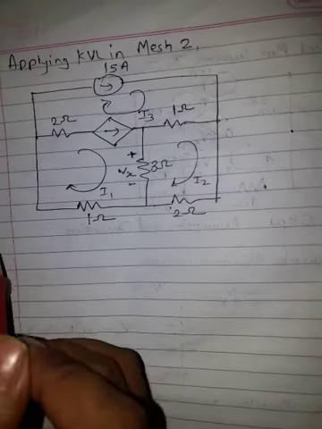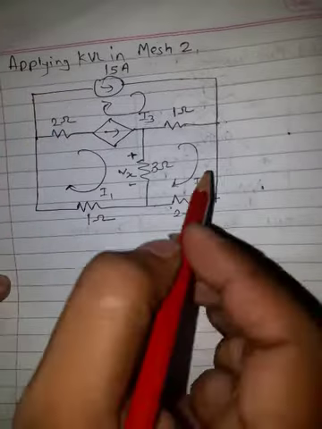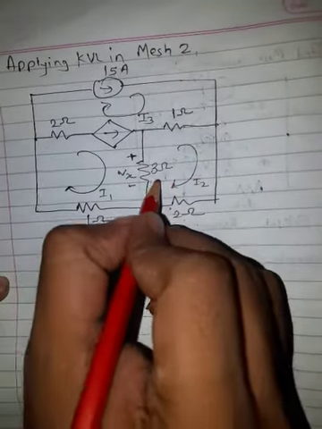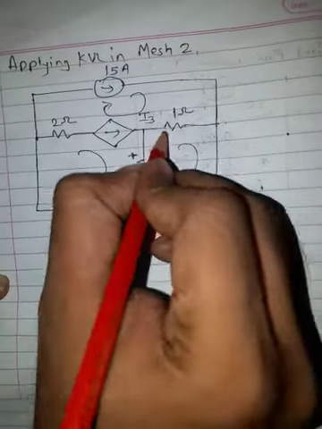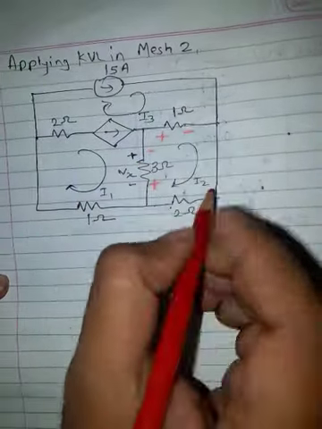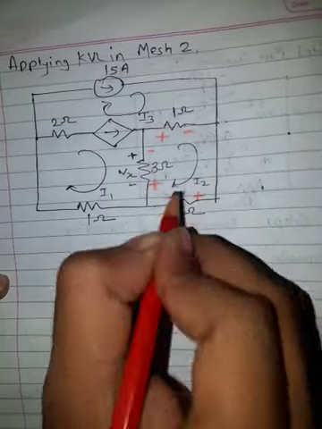Now we have to apply KVL in mesh 2. Because of this I2, the polarities are positive, negative, positive, negative and positive, negative.